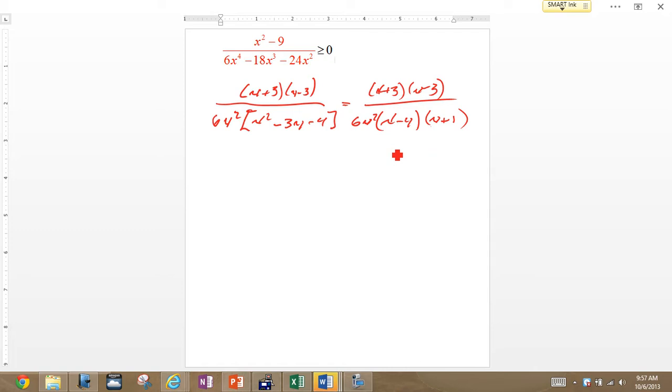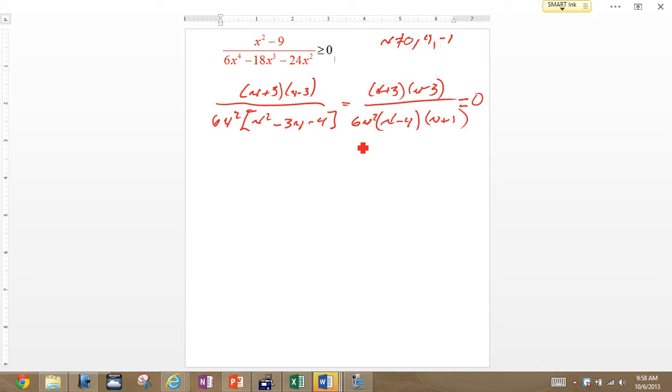Since this is a fractional expression, and we are effectively first solving this for 0, we want to make note that x cannot equal 0, 4, or negative 1, because that would leave the denominator with 0 and therefore an undefined expression.